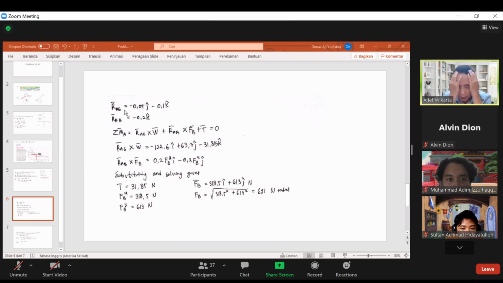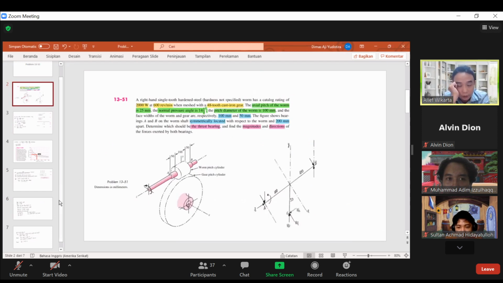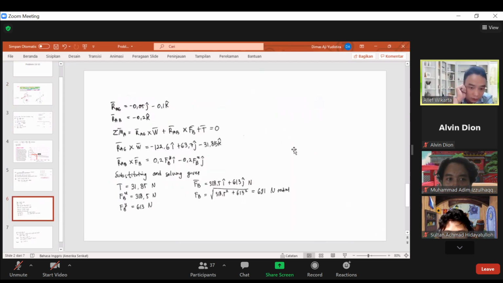That's not how to do it. If you write like this, you have to have the FBD. If you say JK, you have to draw the free body diagram in terms of vector. But if you think that will be difficult for you, my suggestion is just draw it using a simple beam, like you solve any problems in statics and mechanics of materials.